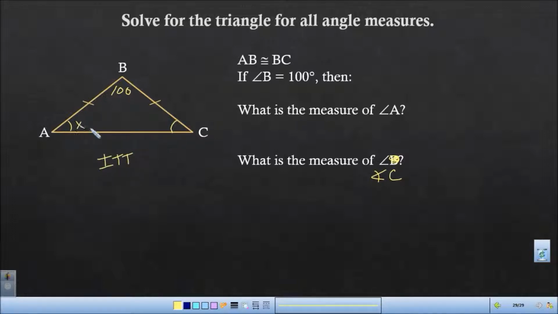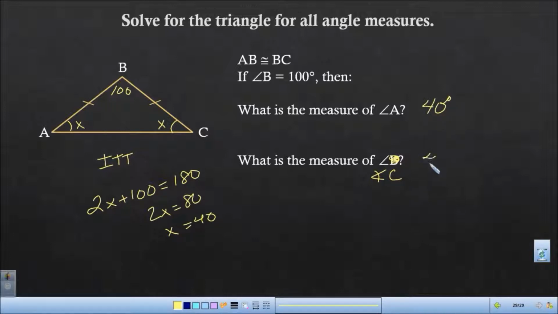So if I call these x, then 2x plus 100 is equal to 180. 2x is equal to 80. X is equal to 40. That means that the measure of A is 40 degrees and the measure of C is also 40 degrees.